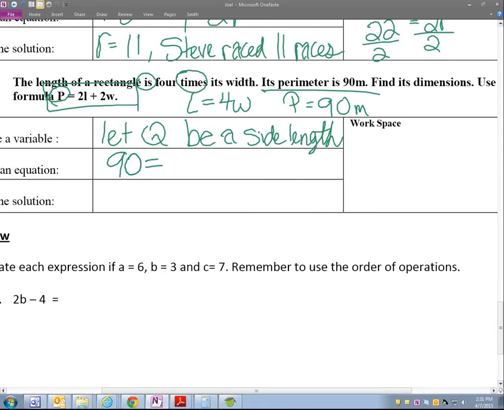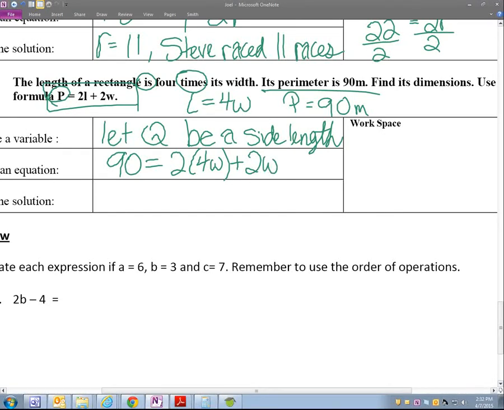So 2 times 4W plus 2W, right? Where did I get the 2 from? It's right here. Plus 2W.